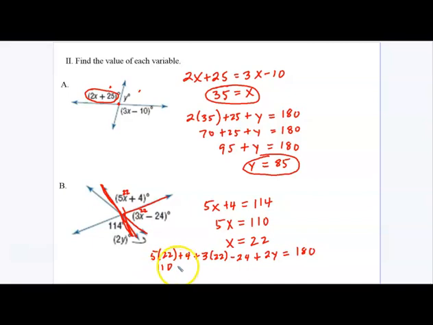So this is 110 plus 4. This is 66 minus 24. So we'll add all these numbers up. If you want to grab a calculator. So 114 plus 66 minus 24 is 156.